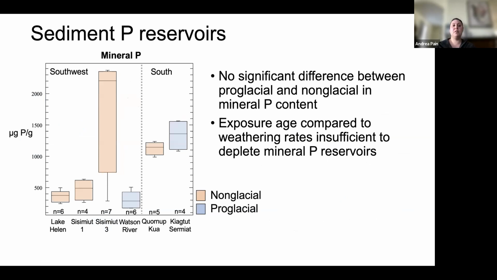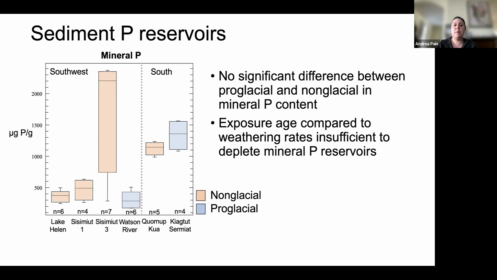So I'm showing first the mineral phosphorus reservoirs in the different deglaciated watersheds in orange compared to the glaciated watershed. So these are the southwest sites, and this is a southern site. So we see that there's really no significant difference between the glaciated and the non-glaciated stream sediments in terms of the mineral phosphorus content.